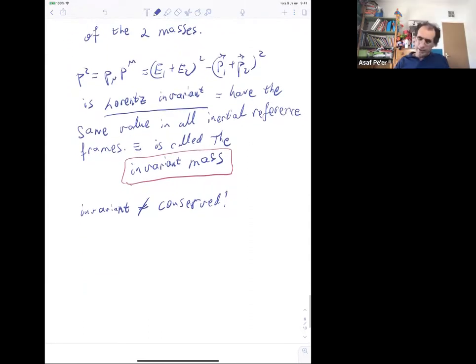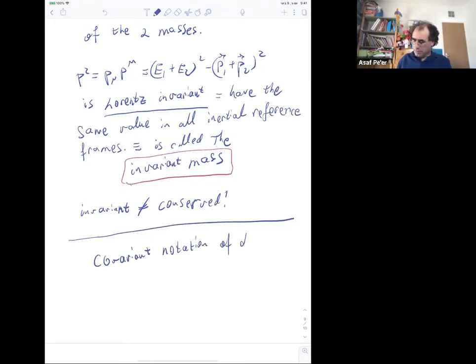Okay, last thing, which is really a notation, because I am going to use it, so you should be familiar with that. It is just called the covariant notation of derivatives. This is a notation that, after you get used to it, of course, enables us to quickly see the transformation law under Lorentz transformation.